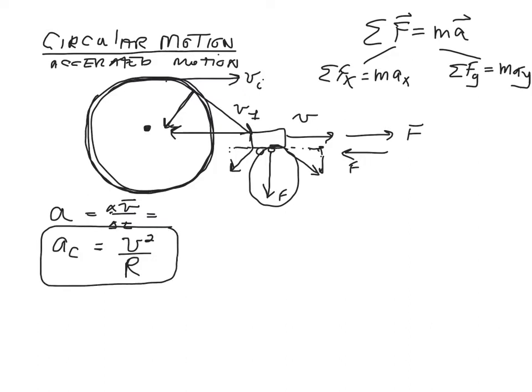And we call this centripetal acceleration because it is acceleration which always points toward the center. So notice as the Earth goes around the Sun, the force of gravity is always pointing toward the center. So the force is constant in magnitude, but always changing in direction. And the acceleration is always toward the center, the direction of the force.